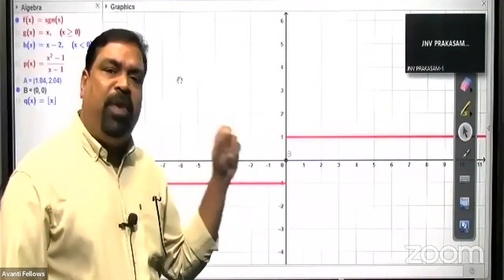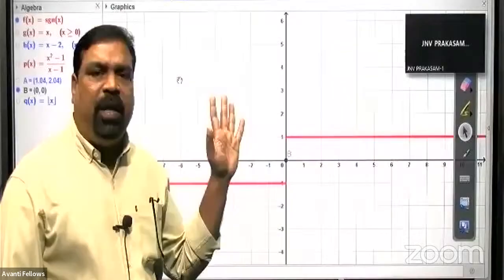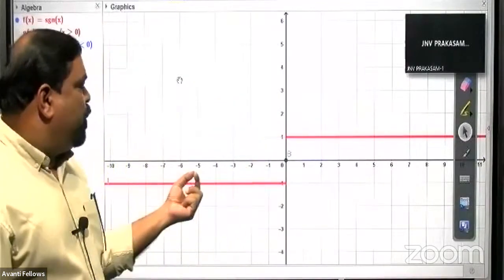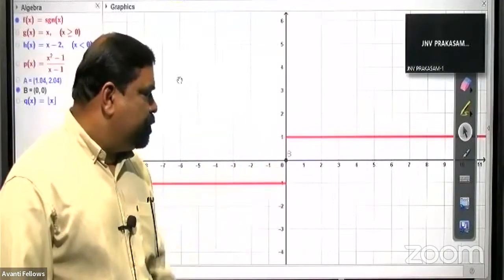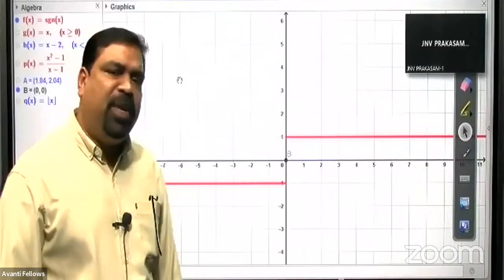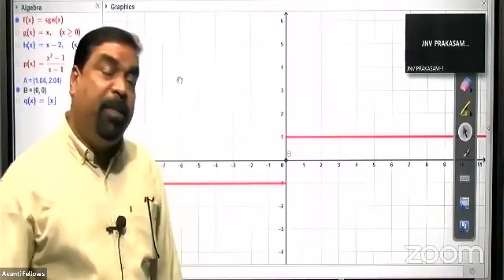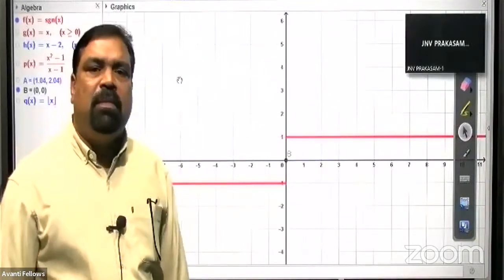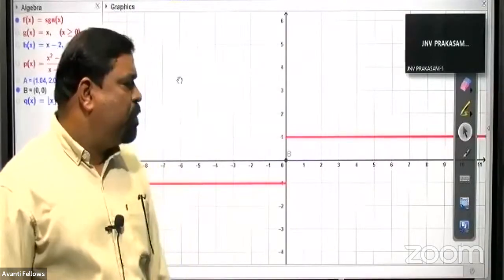And at the point 0, the value of the function is 0. So very clearly, what you can observe in this graph, is there any break in the graph of this function? Very clearly, we can observe that at the point 0, there is a break.